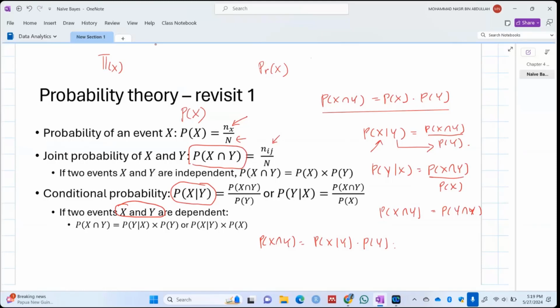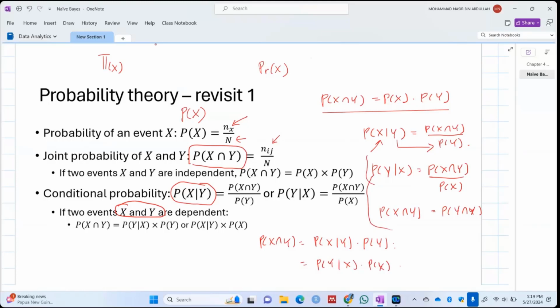Simply adjust this formula, like the denominator goes to our left-hand side, so we get probability of X given Y multiplied by probability of Y. It's also the same as probability of Y given X multiplied with probability of X. It's the same thing. This one I got from conditional probability.